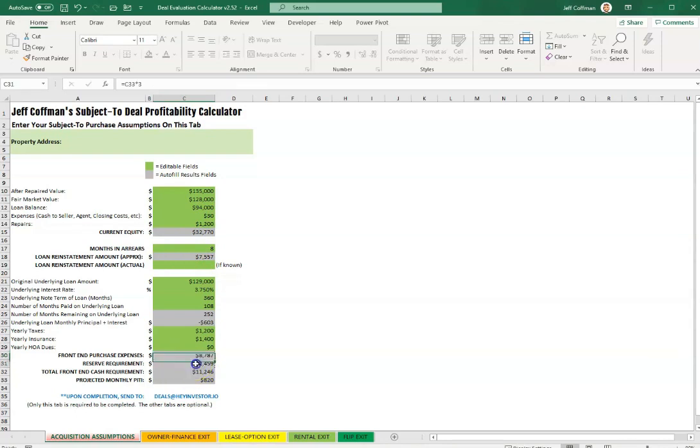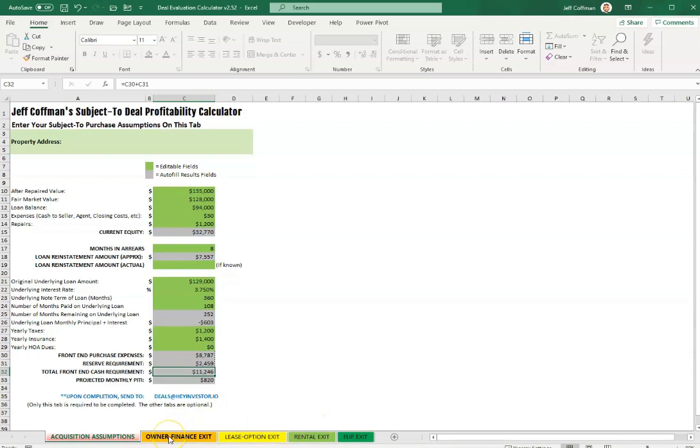Now, on every deal I do, if I'm going to buy and hold it, I need reserves. I need a minimum of 3 months reserves. So what we do is we take our monthly PITI, which is principal, interest, taxes, and insurance. We multiply that by 3. That's my reserve requirement. So my total front-end cash requirement, everything that I need up front, is $11,246.